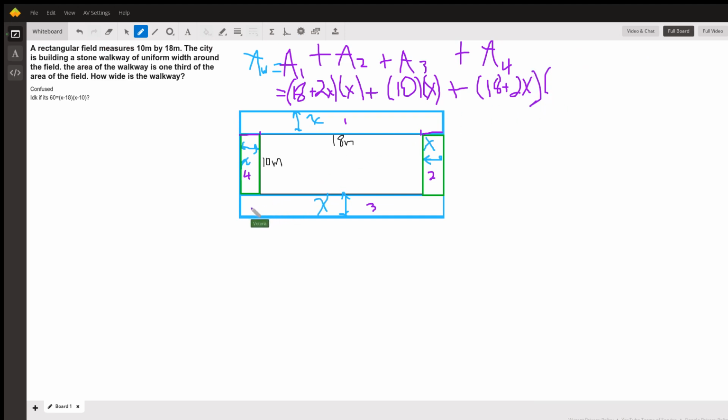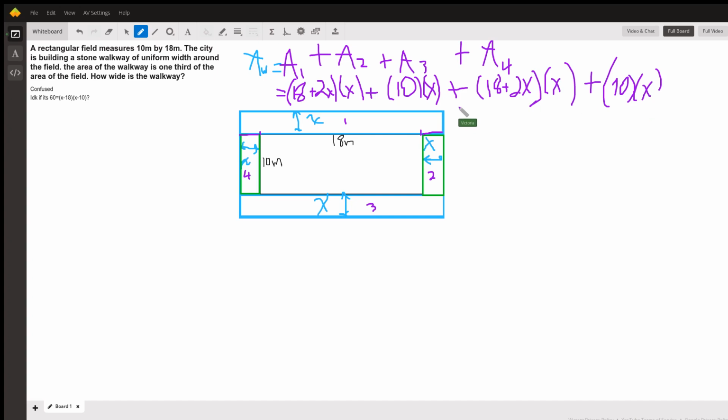That's the length of this: 18 plus x here plus x here, and it's got a width of x. And area 4 is the same as area 2, but we'll do it here. It's got a length of 10 and a width of x.